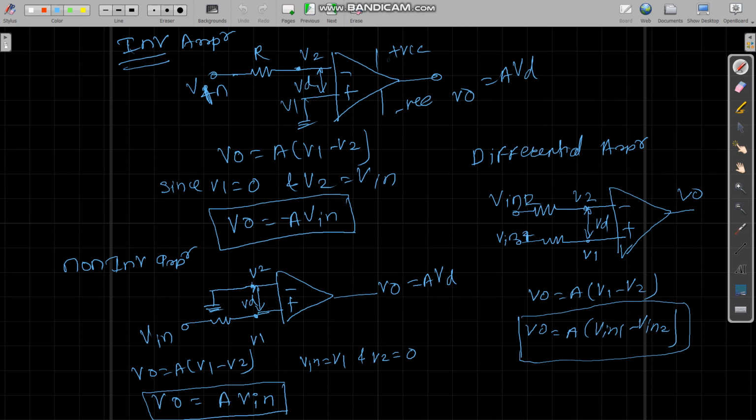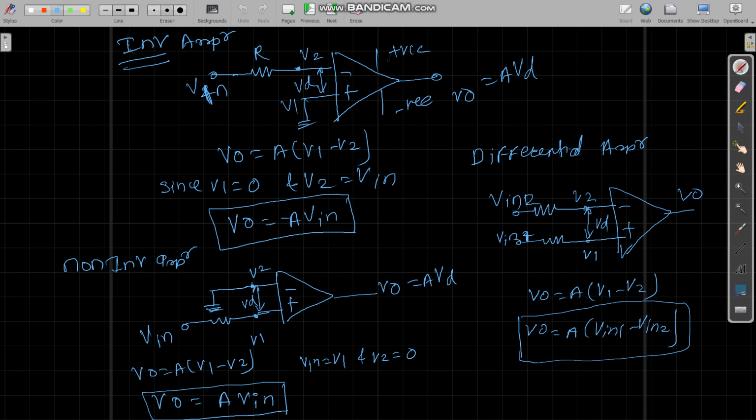Therefore, we know that any op-amp has gain equation V0 equals A into Vd, where Vd is the differential voltage, that is nothing but the difference between the two voltages applied across the two terminals of the op-amp. So I can write V0 equals A Vd such that V0 equals A into V1 minus V2.